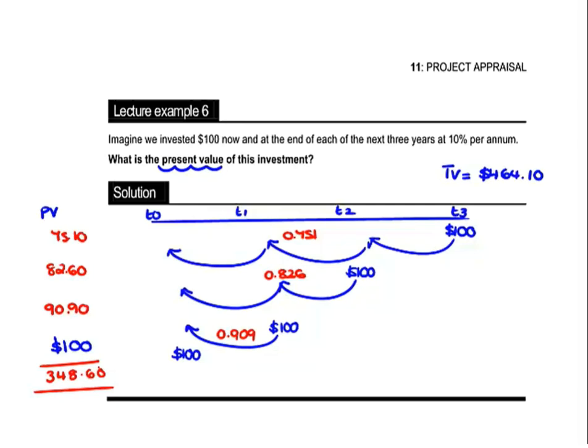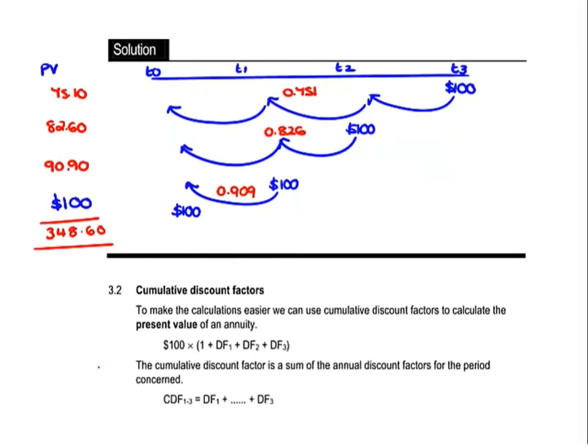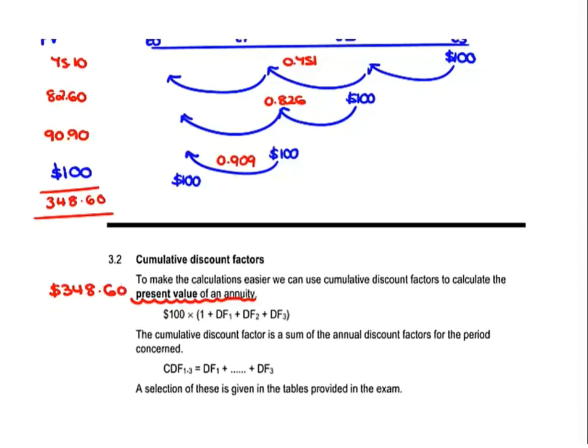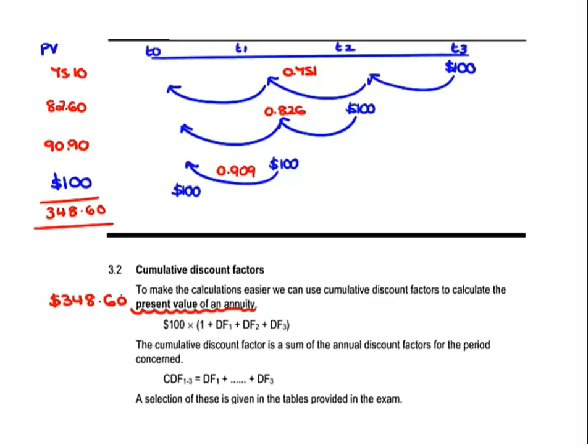what we could use is what's called the cumulative discount factor. So the cumulative discount factor enables us to work out the present value of the annuity. So in this case, that was the $348.60 in a much simpler way. And what we do to work out the present value of an annuity is we add up all of these discount rates.